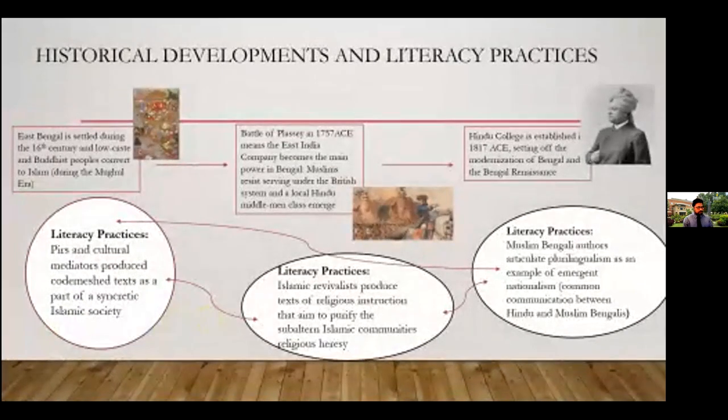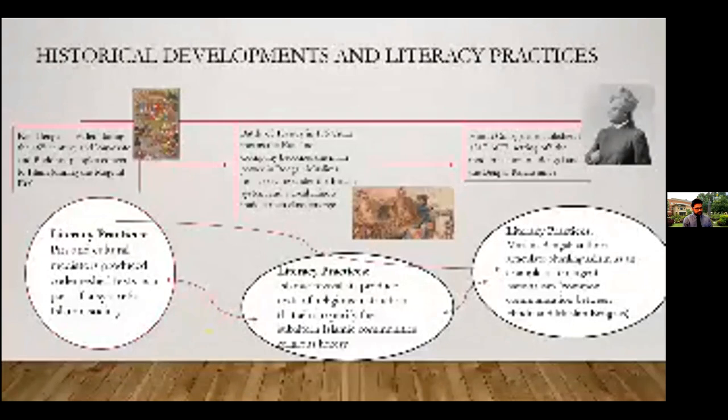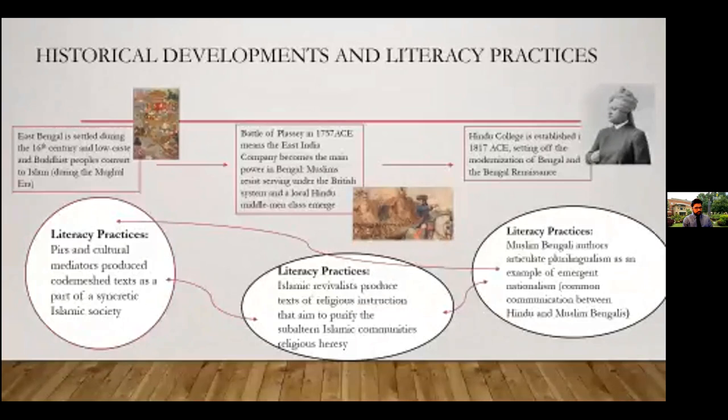Another thing to be mindful of is the historical and political developments and how those are contextualizing the literacy practices I'm talking about here. East Bengal, the area that is identified with Muslim Bengalis or now is Bangladesh, was originally established and settled by low-caste Hindus and Buddhists during the 16th century.